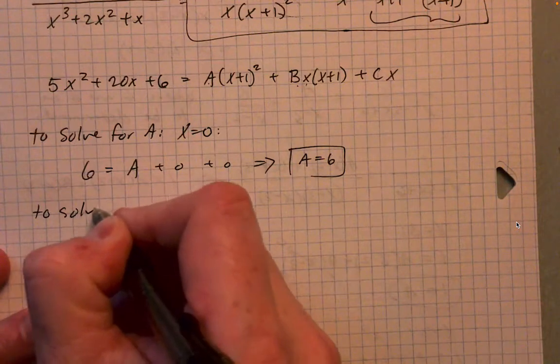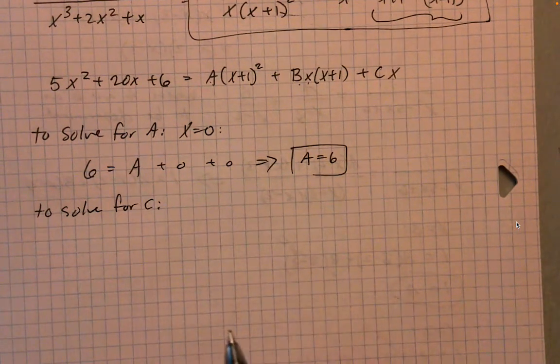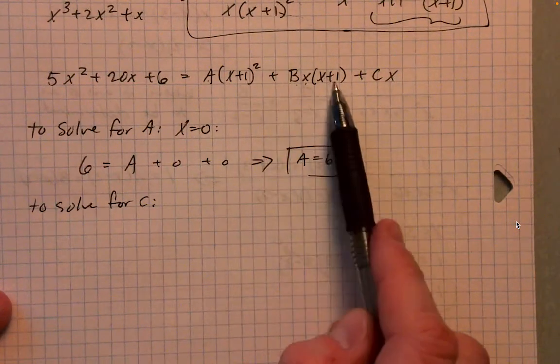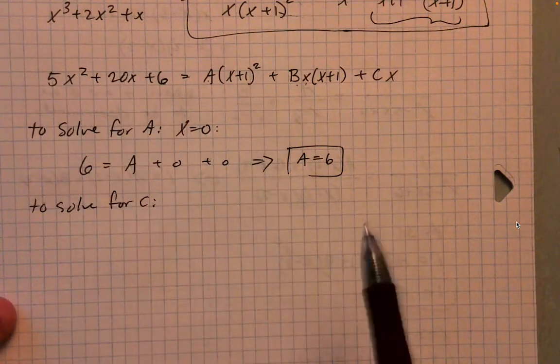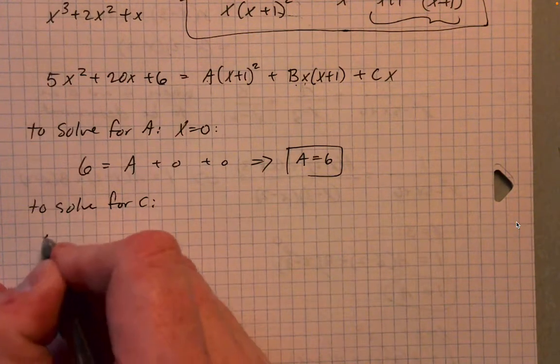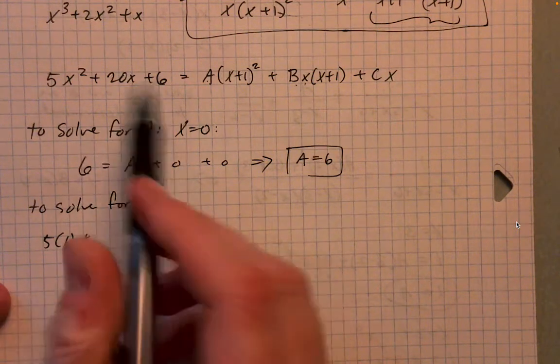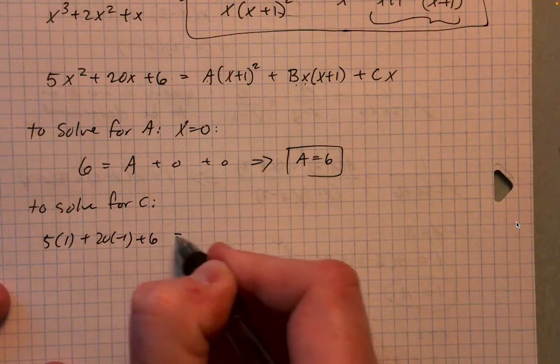To solve for C, what can we do? Let's see. We could let x equal -1. Yeah, if we let x equal -1, then this will go to 0, and that'll also go to 0. It's going to be a little more noise on this side, but that's okay. So we'll get 5 times -1 squared, which is 1, plus 20 times -1, plus 6, right?